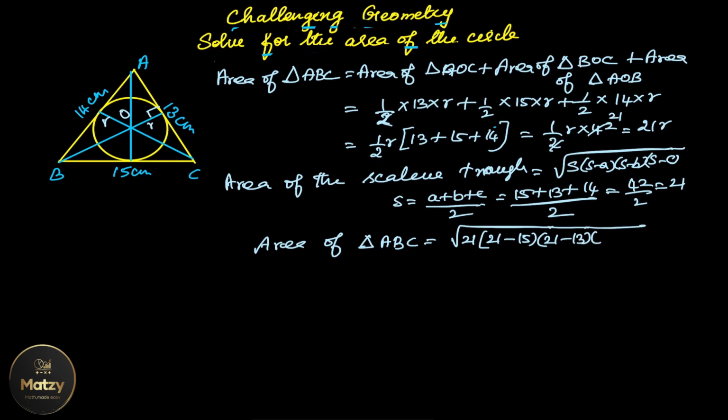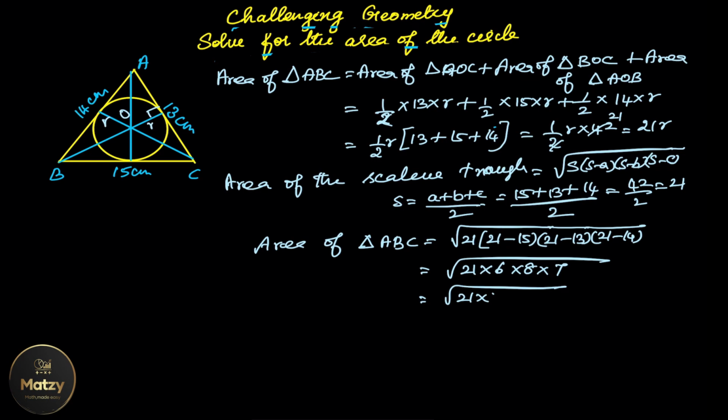Then 21 minus 14. Okay, let us calculate that. 21 into 6, into 21 minus 13 is 8, into 21 minus 14 is 7. So we have to find out the square root of this.